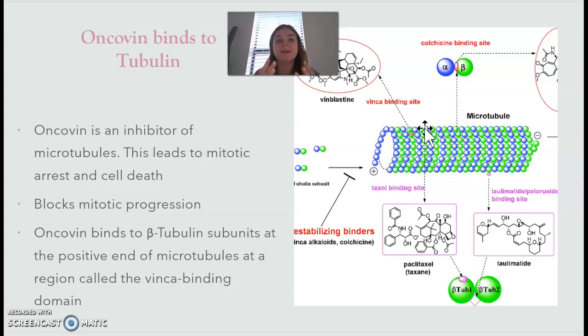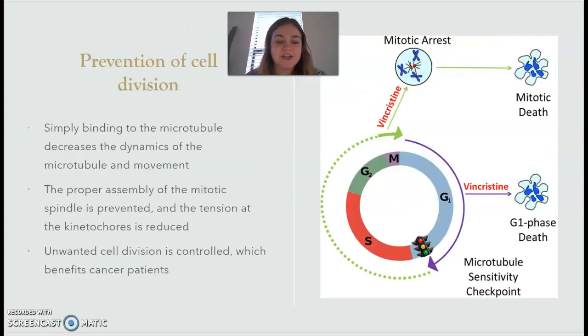This is a very complex and very specific process. So if one thing is starting to go wrong, and there are additional add-ins going on in that cell division process, then that's immediately a no-go, and it doesn't allow it to continue through the rest of the cell cycle.